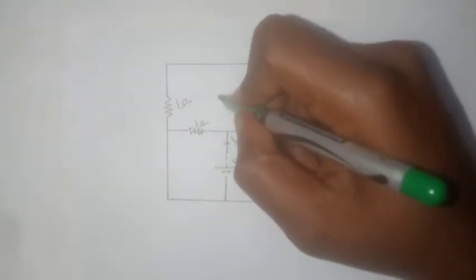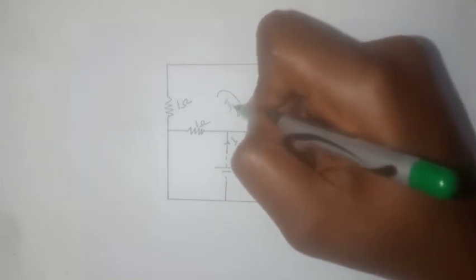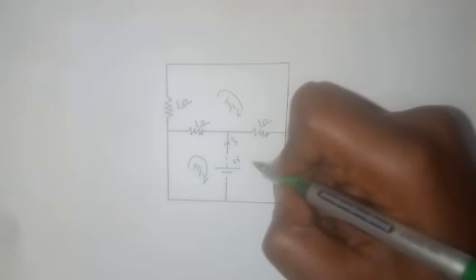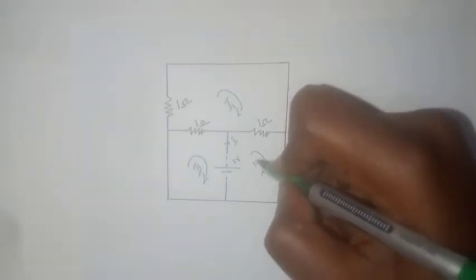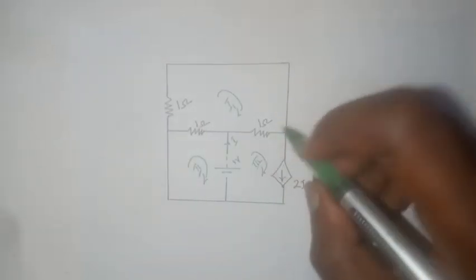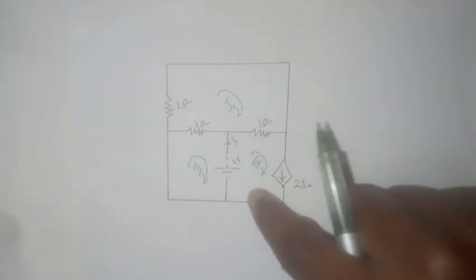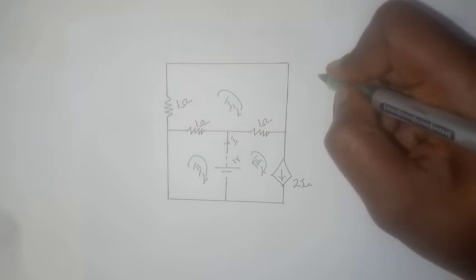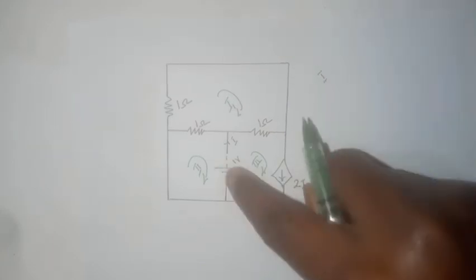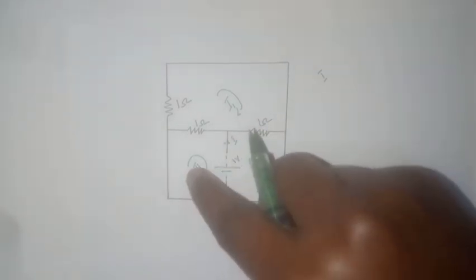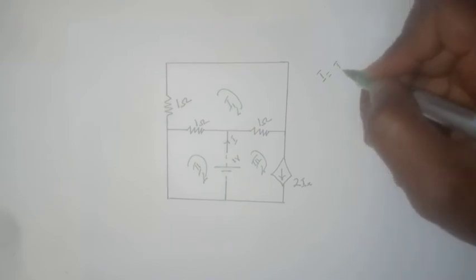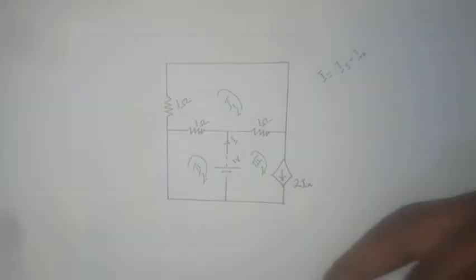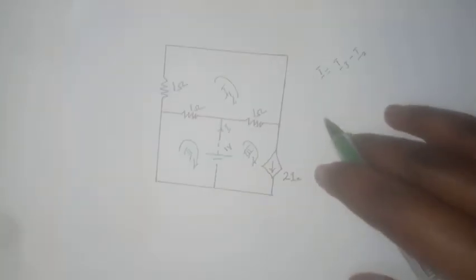If we call this our first mesh, this is our second mesh, and this is our third mesh, then the current I would be I3 minus I2. So we're interested in finding I3 minus I2.